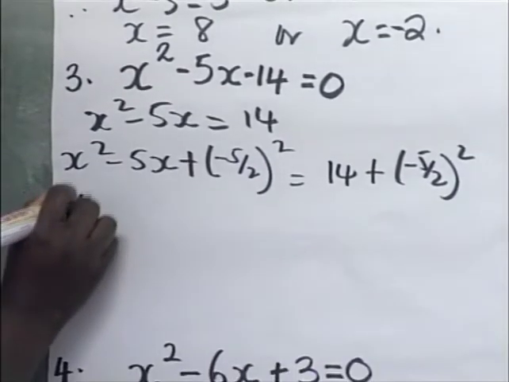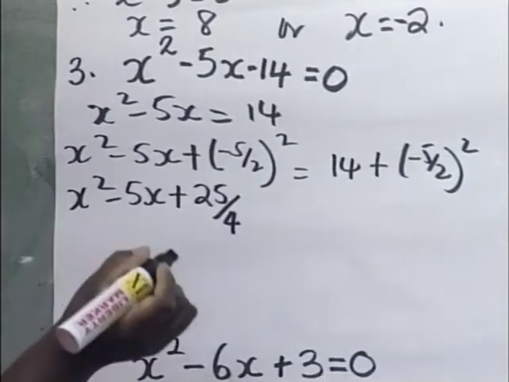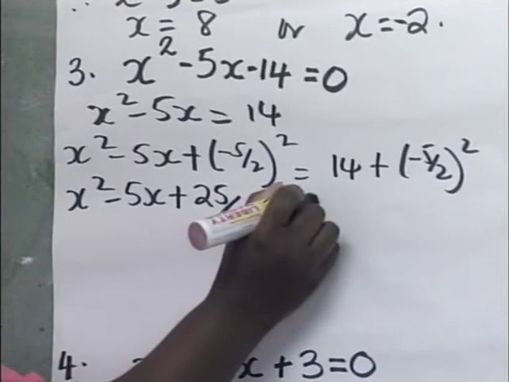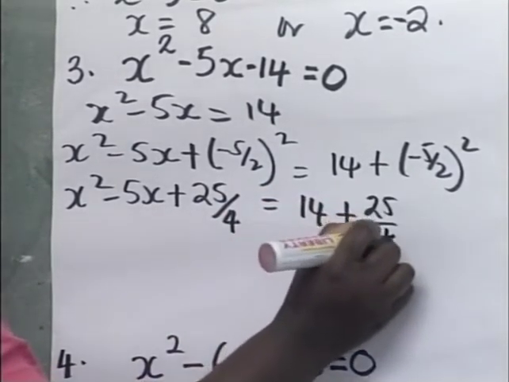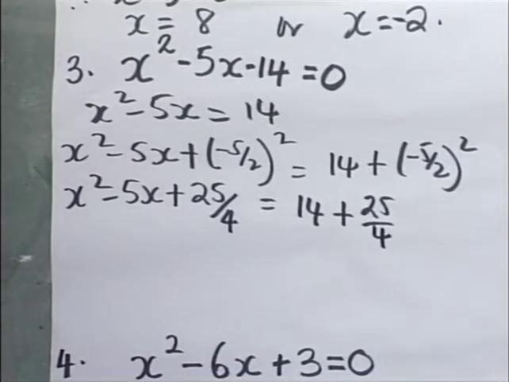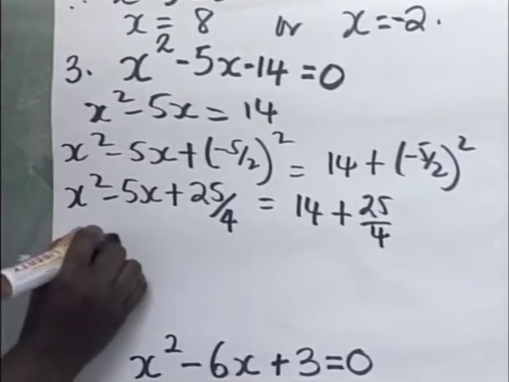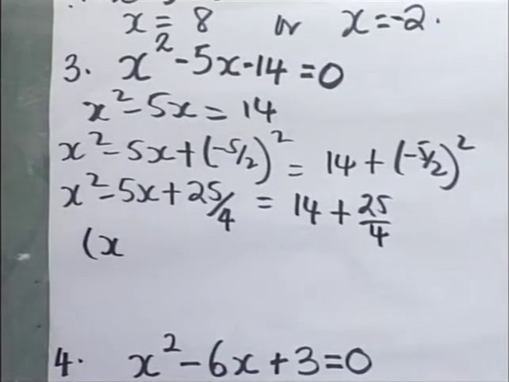Okay, this is 25 on 4 equals 14 plus 25 on 4. Now to factorize this, remember what I said here? The number that goes here is the same number that you square and add.